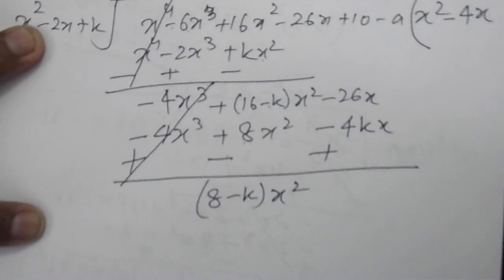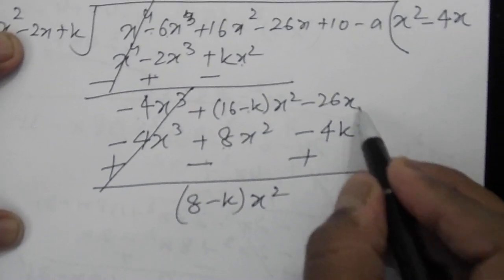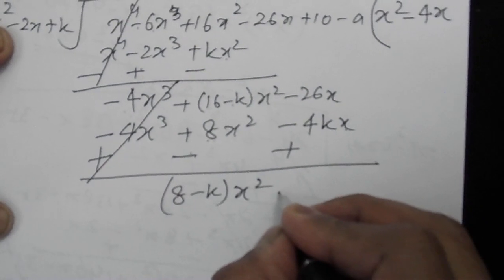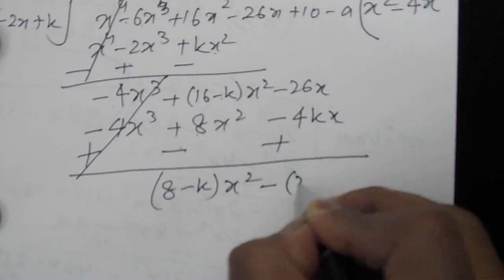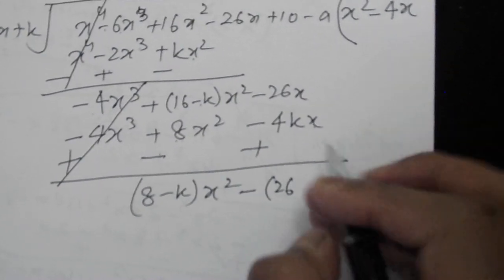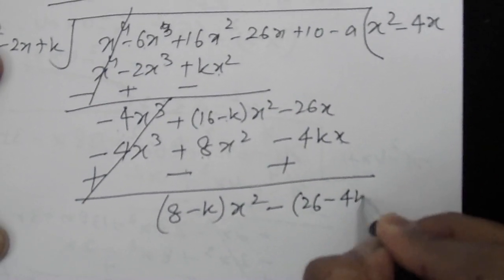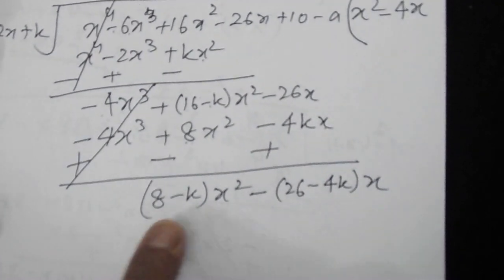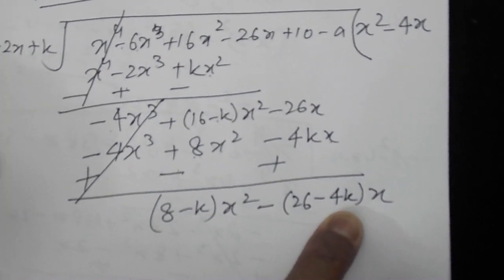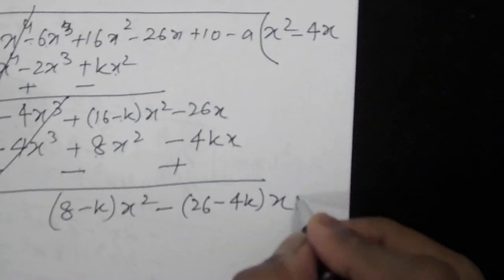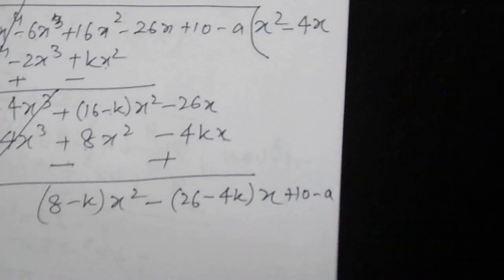So it will become 8 minus k x square, and here x is common, so you will be left with minus 26 and the sign will change, minus 4k times x. 8 minus k x square minus 26 minus 4kx. Now bring this 10 minus a down, plus 10 minus a.